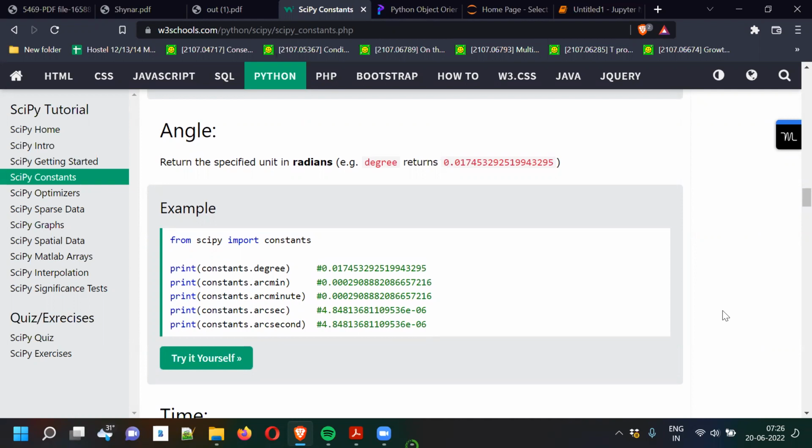For example, physics and chemistry, these kinds of constant values that you see. So you should just remember a few basic ones that we just saw. So that was about constants.